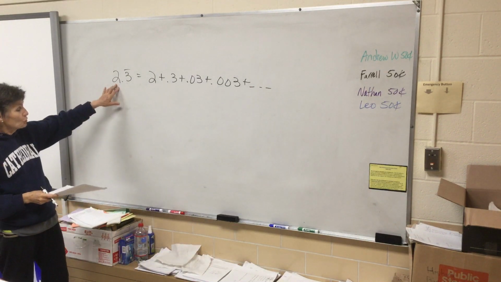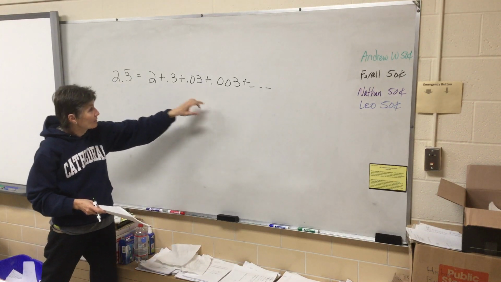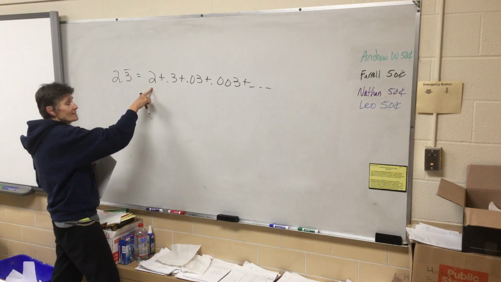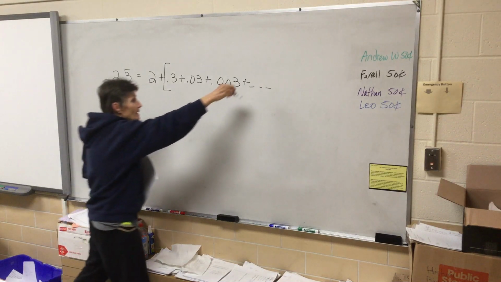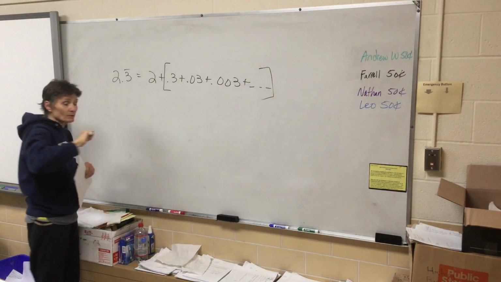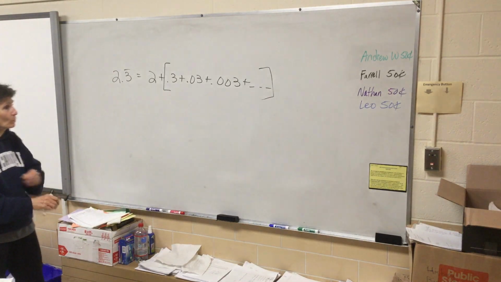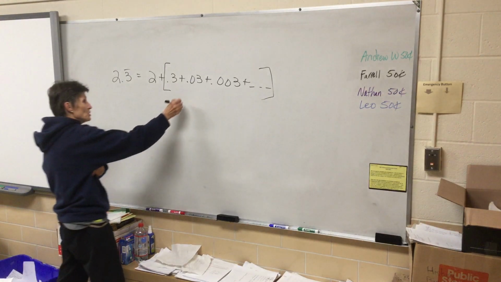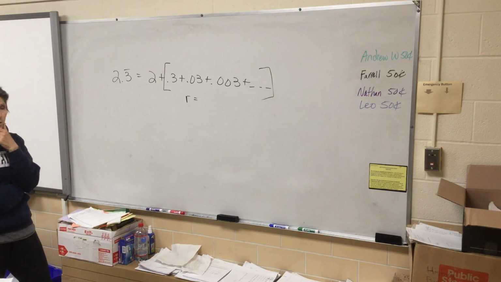So this time we have a whole number 2, and then we have our repeating decimal, 0.3, 0.03, 0.003. This does not fit the pattern, so I'm going to ignore it temporarily, and I'm going to add up the part that does fit the pattern. The repeating part of the problem. What is my ratio? I have 1 repeating decimal place, so my ratio will be 0.1.